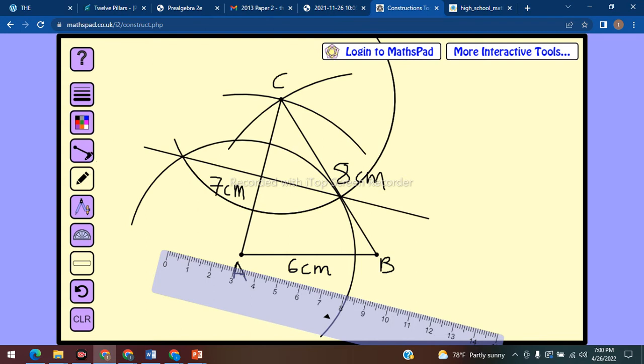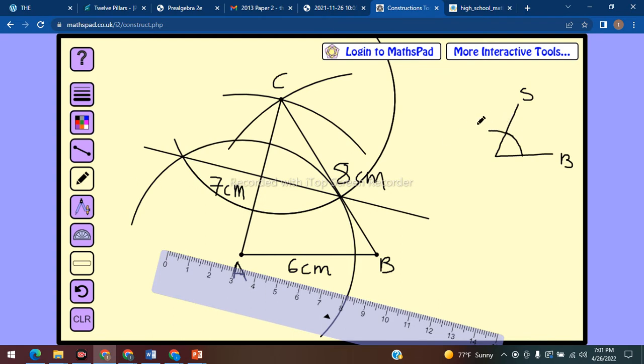So the way we start is, let me show you in general how we do it, so we could get an idea of what we are doing. If we have an angle, let's say this is our base and this is our side. In order to bisect the angle, we draw a regular arc.